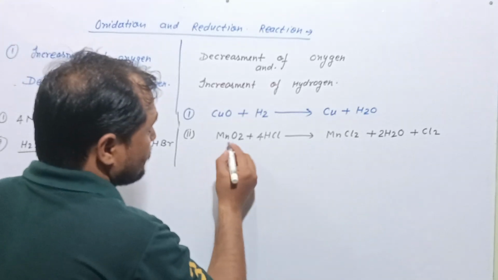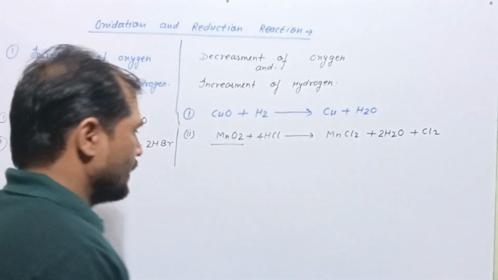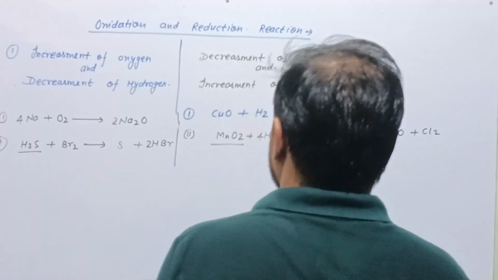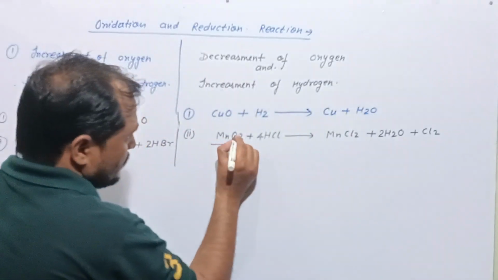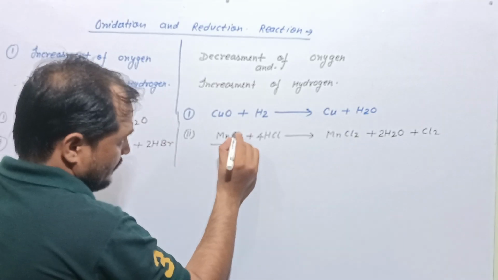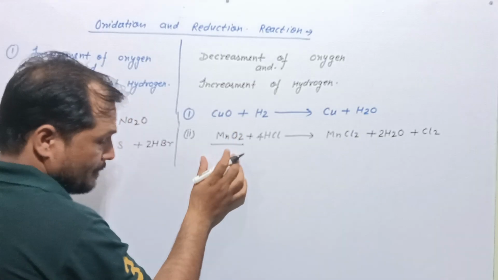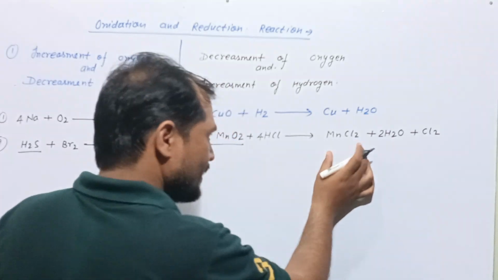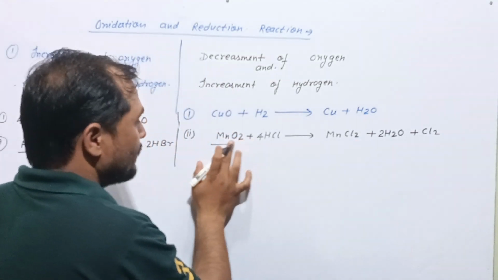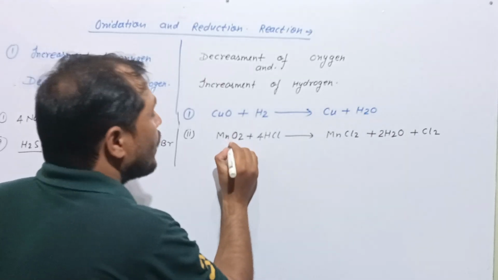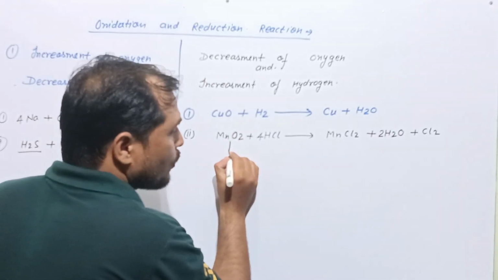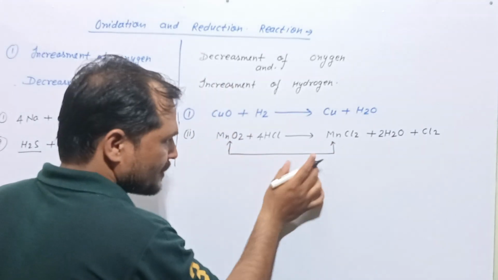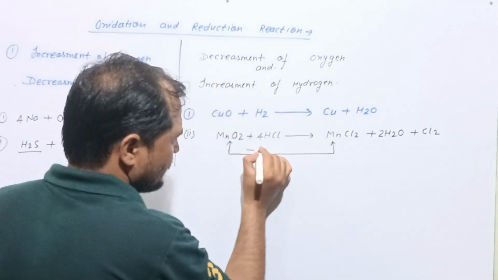Now let us find the type of chemical reaction. In the reactant part, on the left hand side, oxygen is with Mn. But in the product part, there is no oxygen with it. Means MnO2 has lost its oxygen.